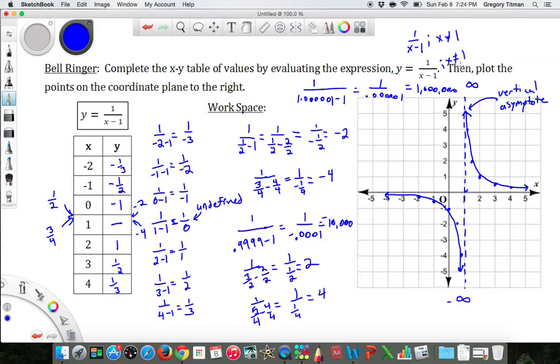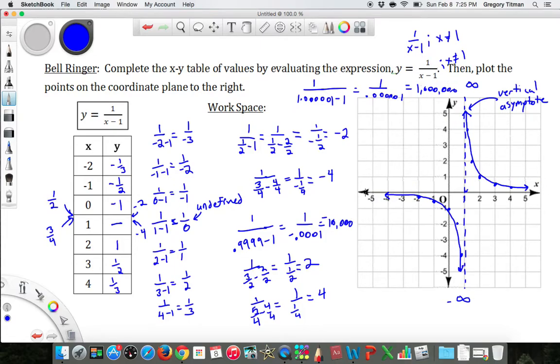There's also, just real quickly to note here, because this expression can never equal 0, it can get infinitely close to 0. If I said that x is 1 million, then 1 million minus 1 would give 1 over 999,999. So way out here at 1 million, I would be at 1/999,999ths, extremely close to 0, but I can never actually get to y equals 0 because this expression can never equal 0.